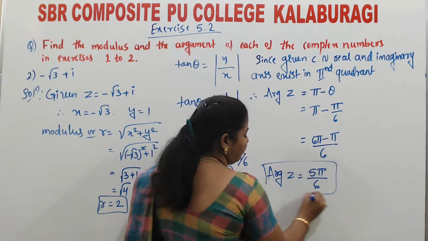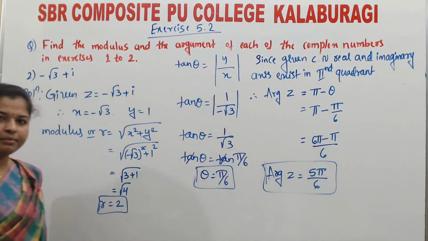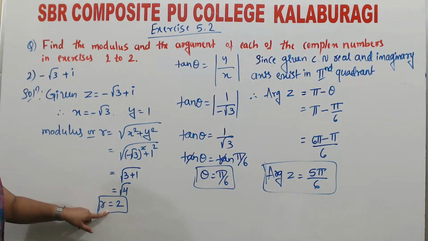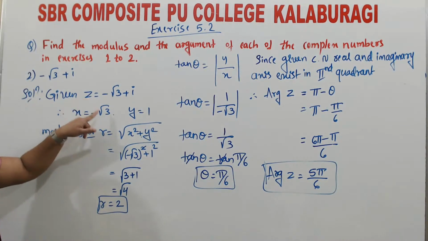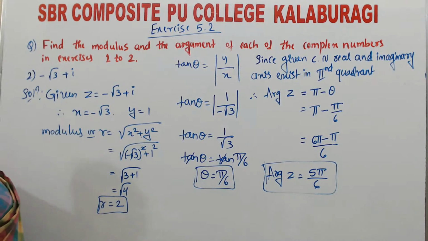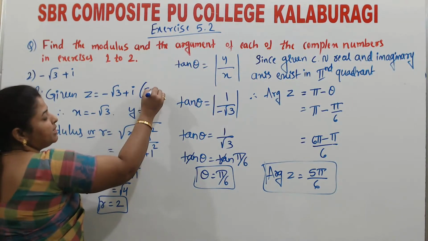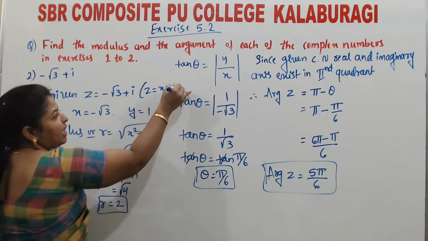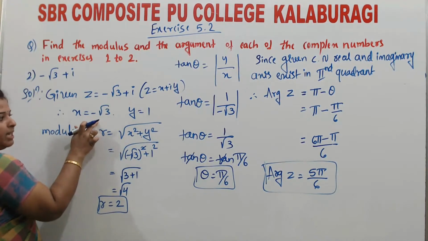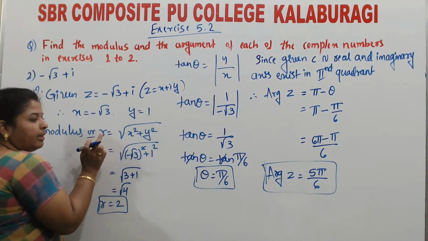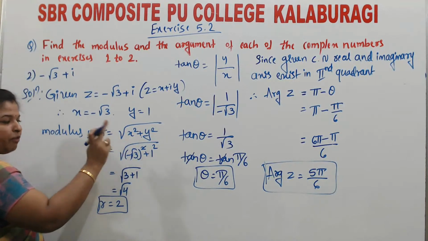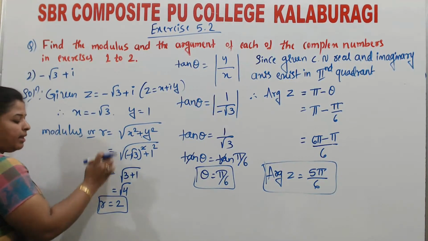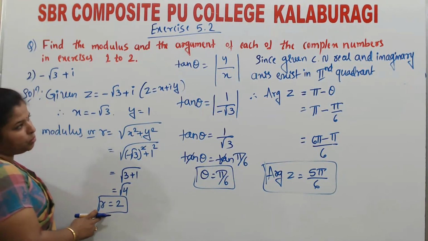Like this we have to find. Is it clear? First we find r, comparing the given complex number with x plus iy. We are comparing this complex number with z is equal to x plus iy. Therefore, x is equal to minus root 3, y is equal to 1. Then r is equal to, this is our formula for finding modulus, right? Then what is the value of r? r is 2.